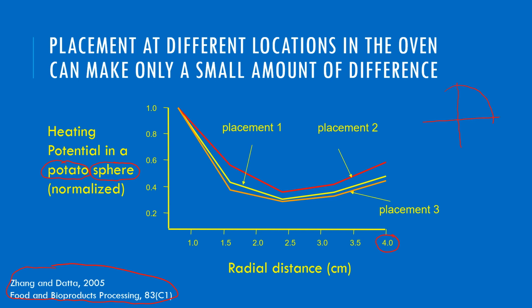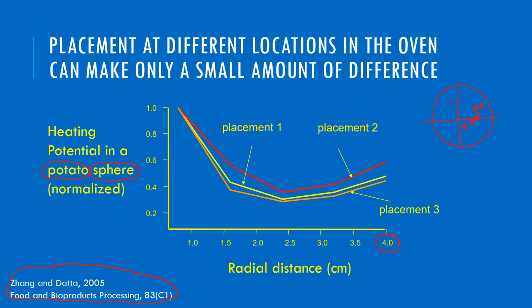So let me put this sphere, and at any radius, let's say r, we have variation in power deposition at the same radius if we move in, let's say, theta direction or the phi direction, the other 2 directions. At the same radius, power deposition is going to vary. So we're going to average all of those along theta and phi direction at one radius.